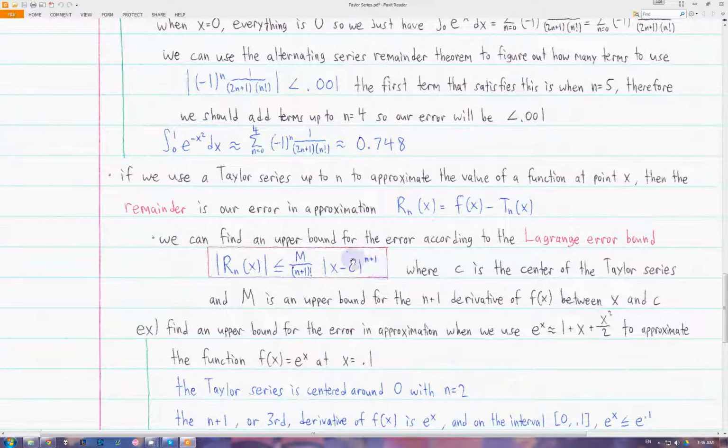And it's a little easier to understand when you look at an example.